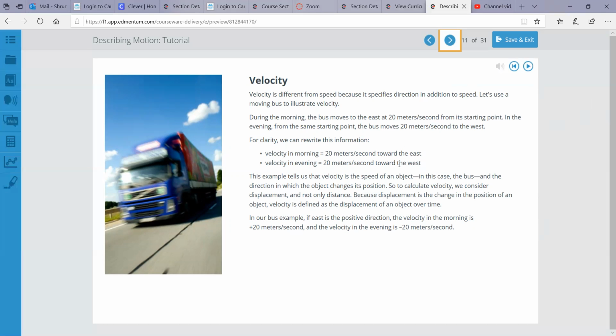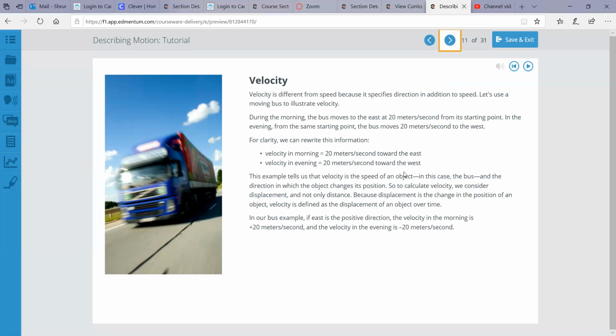So velocity in the morning, you can write that as 20 meters per second toward the east, and then in the evening, same thing, but toward the west. So this example tells us that velocity is the speed of an object, the bus, and the direction in which the object changes its position.